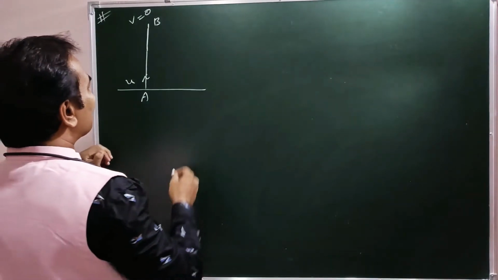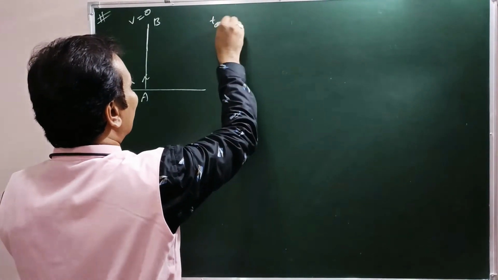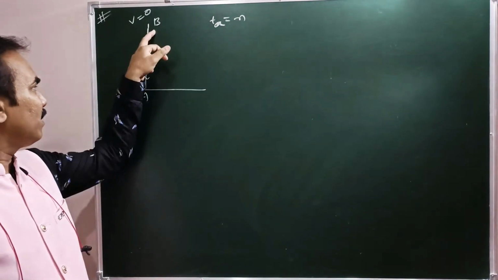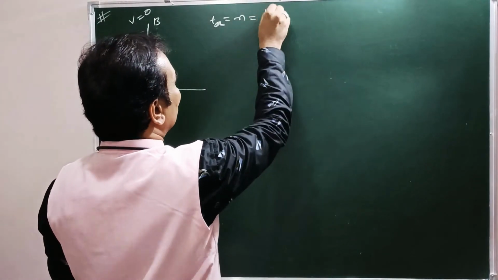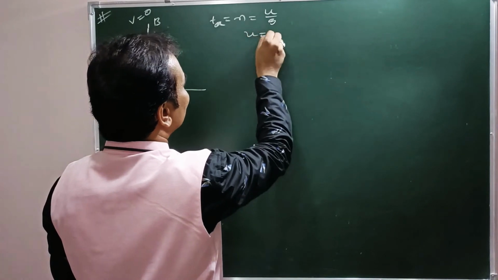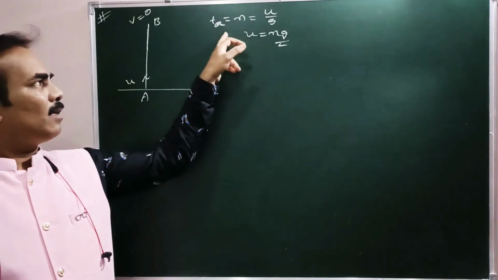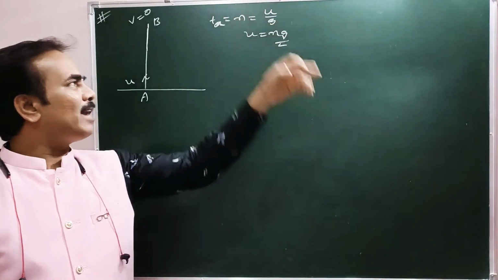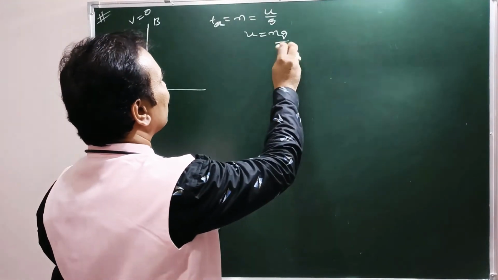What is the time of ascent here? Let the time of ascent be n seconds, meaning the time taken to reach the highest point B from the point of projection. That is n equal to u by g. Here u can be written as n times g. As per the mathematical formula, time of ascent equals u by g, so u equals n g.